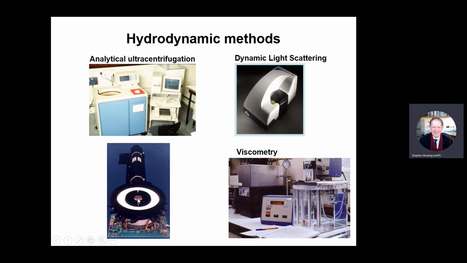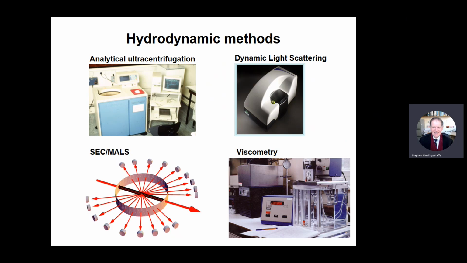So as the solution goes through this flow cell, we get these instantaneous snapshots of intensity against angle for that solution. If this is coupled to a concentration measurement device, like a refractometer or a spectrophotometer, we know the concentration, we know the scattering intensity envelope, and we can get a measure of the molecular size.